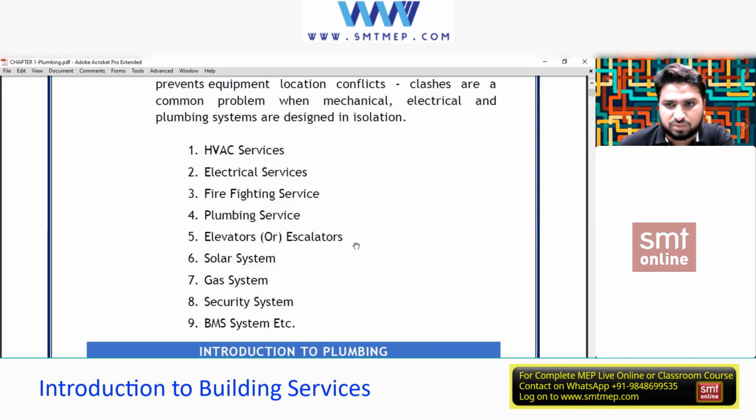Next is the BMS system. BMS stands for Building Management System. I think you know this. What is Building Management System? It is one more service inside the project, where all the things are linked to one software. For example, if there is a problem somewhere, I can rectify it by means of the software, so that I need not waste my time finding where exactly the problem is and what the problem is.